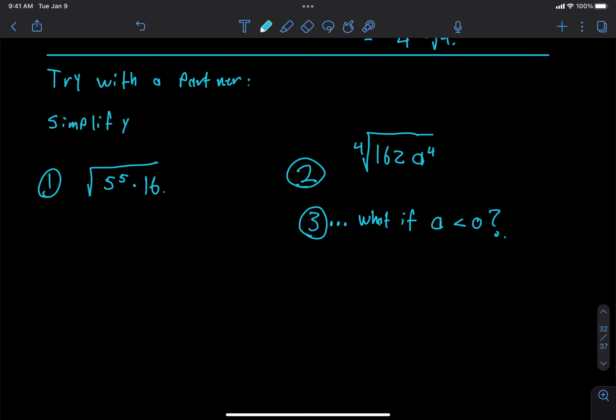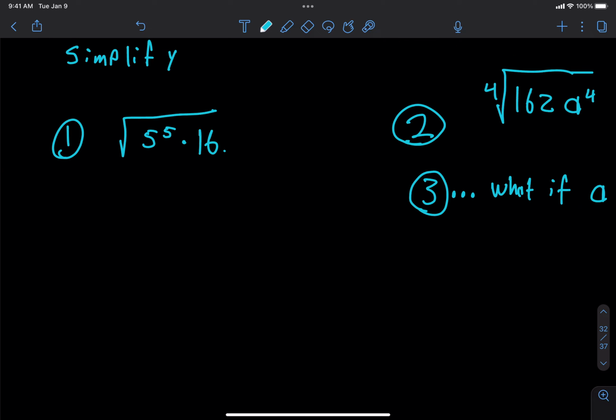All right, so I want to handle something like the square root of 5 to the 5th power times 16. Using our previous methodology, I should rewrite this root using the maximal power such that that power is divisible by 2, in this case. So I'm going to rewrite this as the square root of 5 to the 4 times 5 times 16.